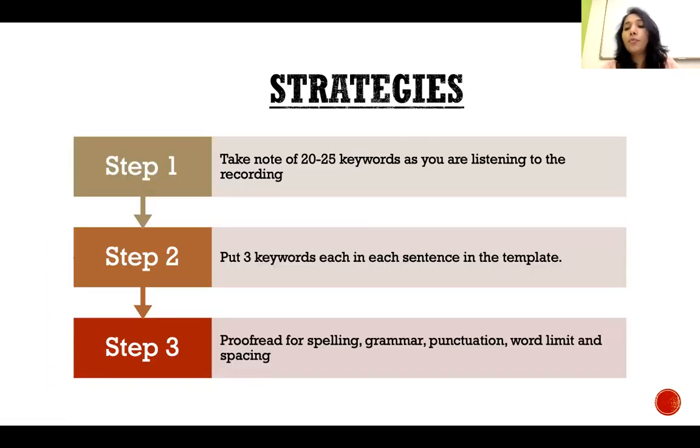Then, what is the strategy or method that you can use for this question type? Please pay attention to this now. While your recording is being played, before you attempt this question type, you'll be given a laminated sheet of paper and a marker pen.